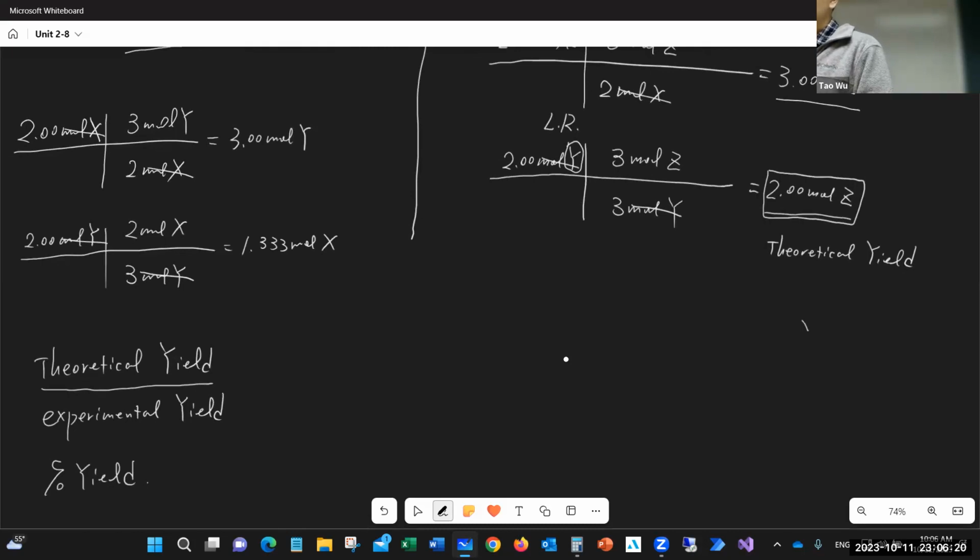So what is the experimental yield? Experimental yield is, if you're doing the lab, you're doing the experiment, how much of the product you can gain from your experiment. That is called the experimental yield. Just to give you one example, every morning I like to eat 2 eggs and 2 breads with peanut butter.